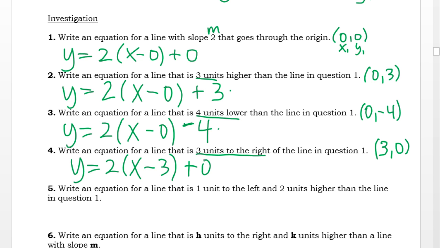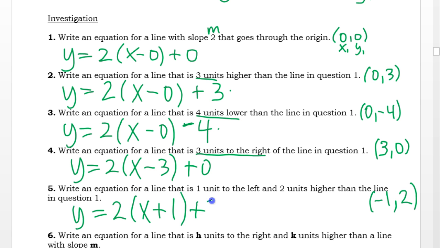The last one says we're going to go 1 unit to the left and 2 units up from the origin. So that's y equals 2x minus negative 1. I changed my minus negative to a plus, and then up 2. And so the general idea is anytime you're going to go up or down, that number's in the y1 spot. And anytime you're going to affect the left and right, it's in that x1 spot.